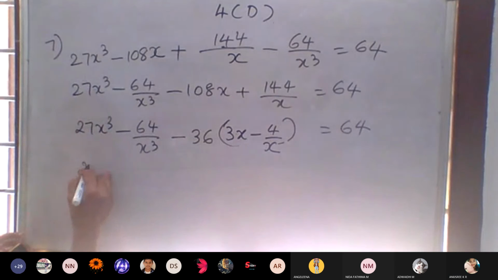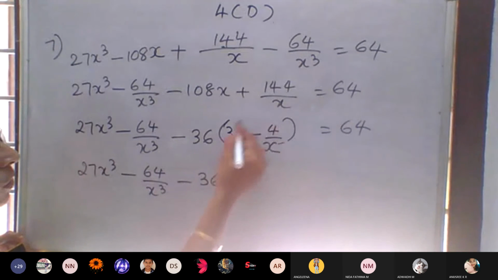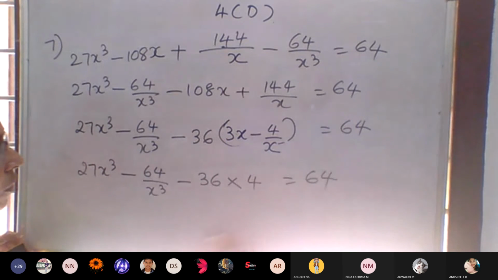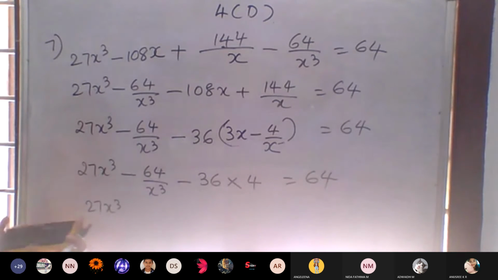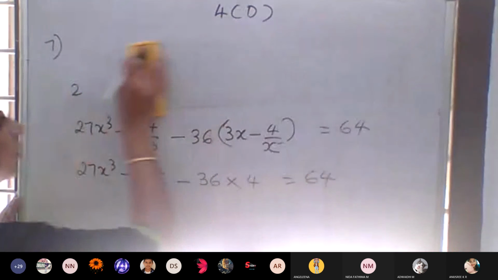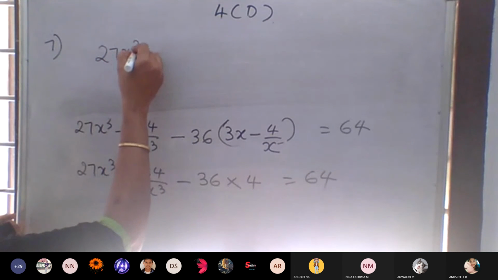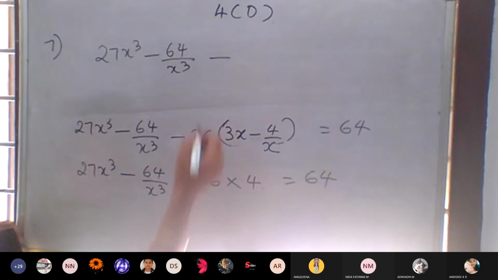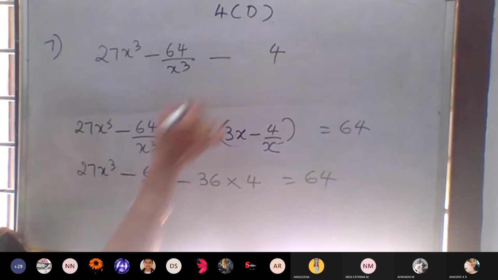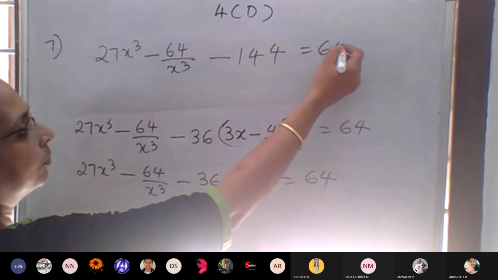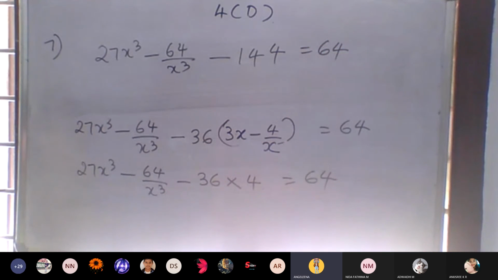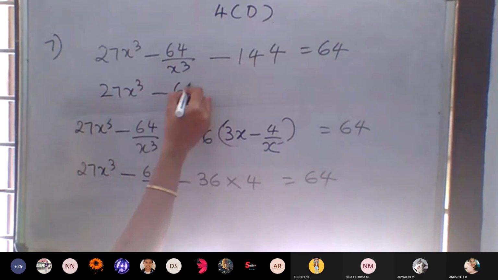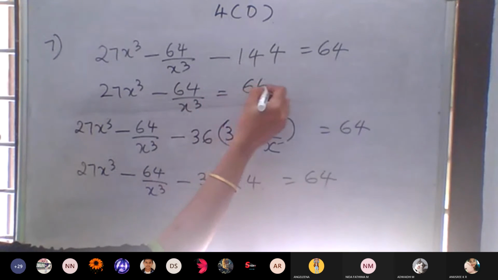Question. 27x cube minus 64 by x cube minus 36 into 4, it is there in the question, is equal to 64. So 27x cube minus 64 by x cube minus 36 into 4, that is 144, is equal to 64.